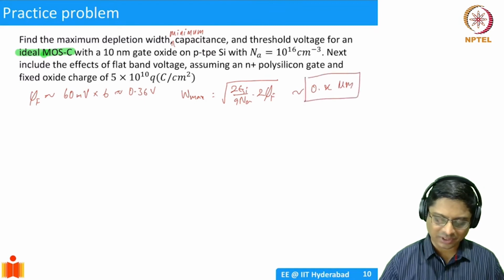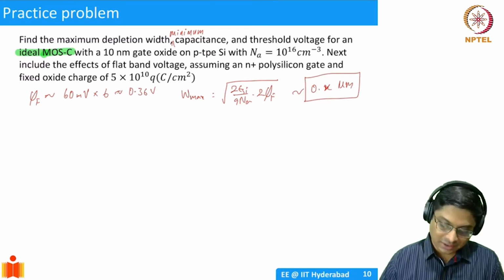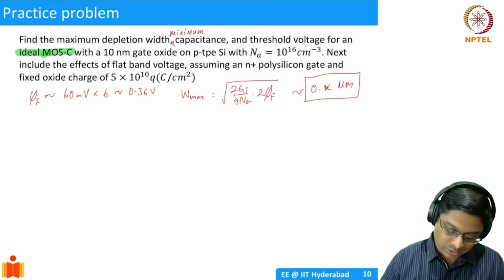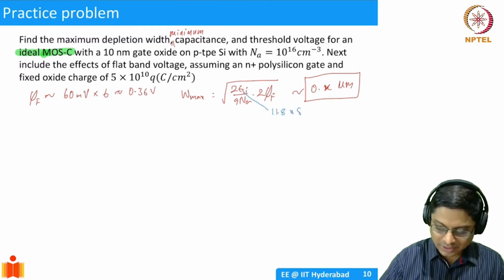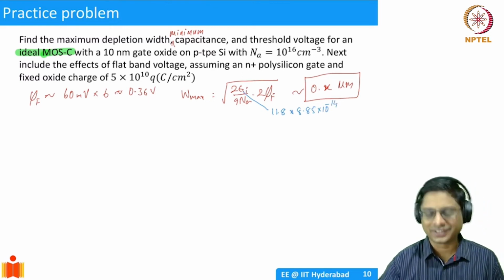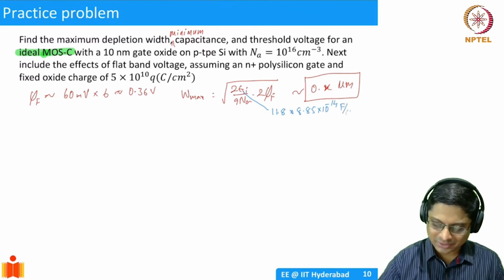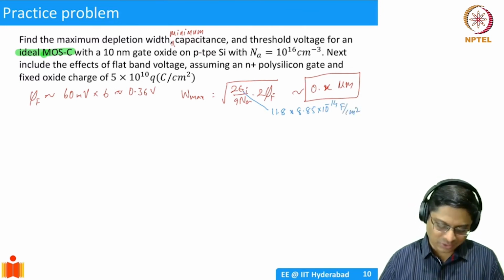You find out what number it is. Please calculate yourself. But when you're calculating, you should never forget this: 11.8 into 8.85 into 10 power minus 14, farad per centimeter square. So this is going to be important, and the rest of it will flow.